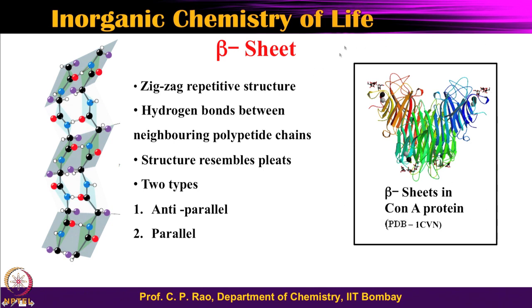The beta sheet structure is dominating, and this can be obtained from the Protein Data Bank. The PDB number is given here. If you go on the internet and run this number in the Protein Data Bank, you will get this structure, which is primarily a beta sheet structure.